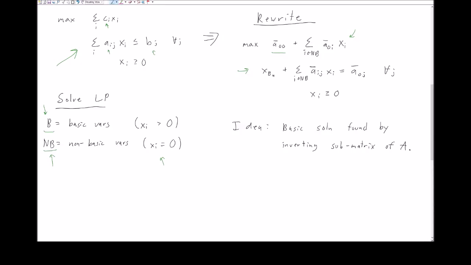In our objective function, the only variables that appear are the non-basic variables. In our constraints, we've isolated all of the basic variables, each with its own particular constraint. For every basic variable, we've identified exactly one constraint, and this constraint has only this basic variable involved in it. We're going to use this rewritten linear program to find cutting planes.